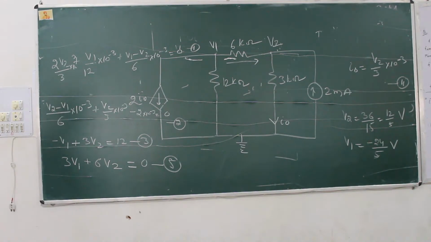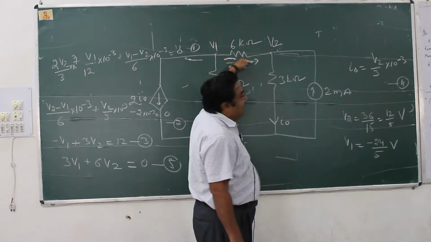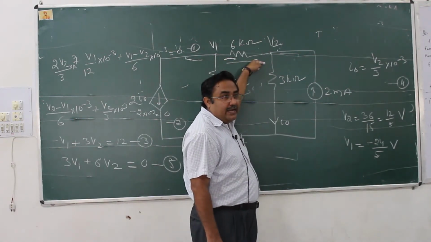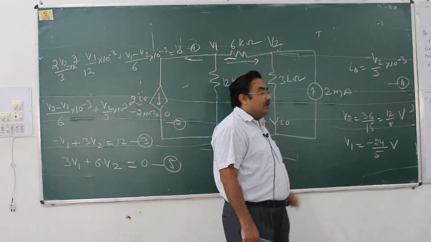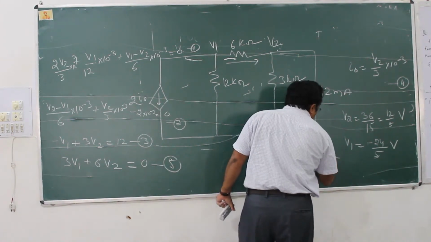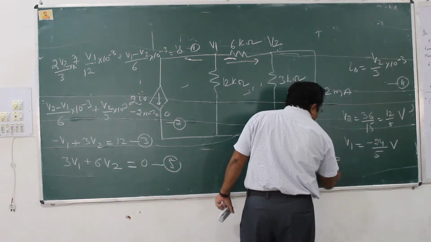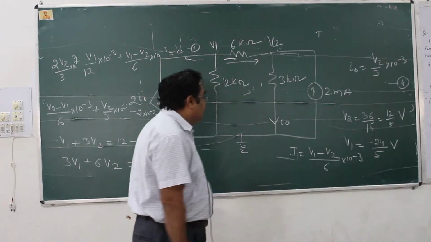Okay, now what I asked you to find out was the current through the 6 kilo ohm resistor. The direction of the current has been shown like this. Assuming V1 is higher than V2, what will be the current I? V1 minus V2 upon 6 into 10 raised to power minus 3. So just substitute all those values.